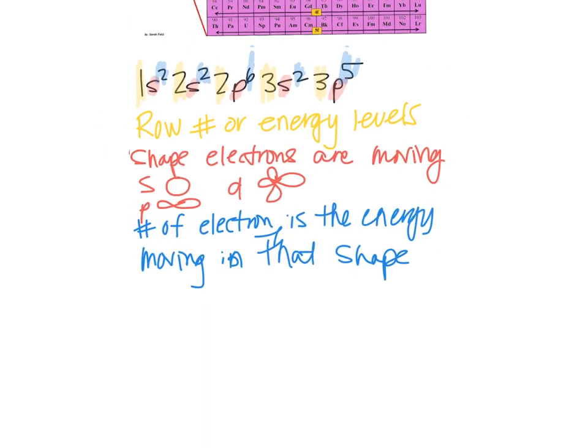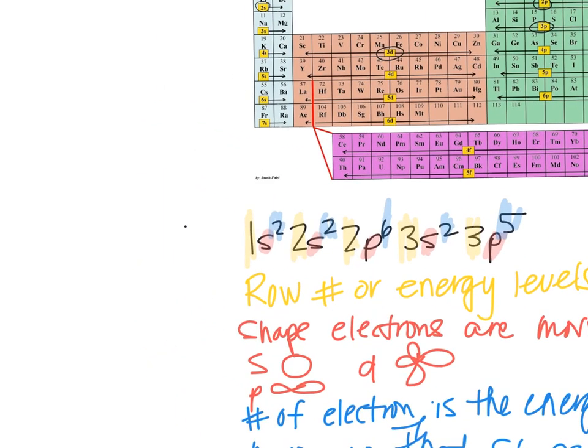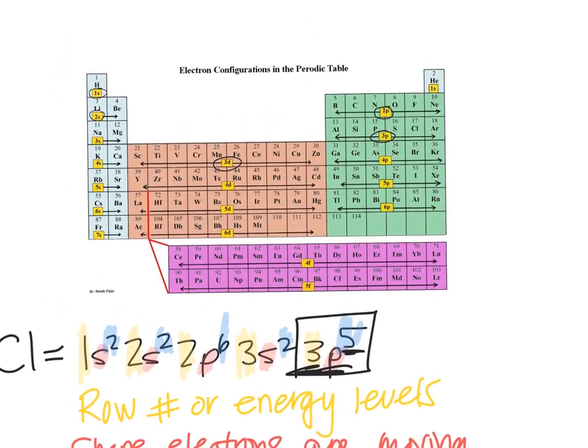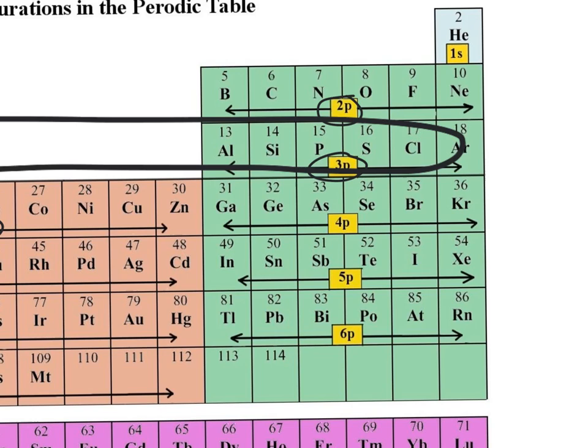Okay, now the key is that this is the electron configuration for chlorine. You can see that chlorine is in row 3, P section, number 5. So row 3, which is this row, P section, which is this section right here, and it's 5 over: 1, 2, 3, 4, 5.